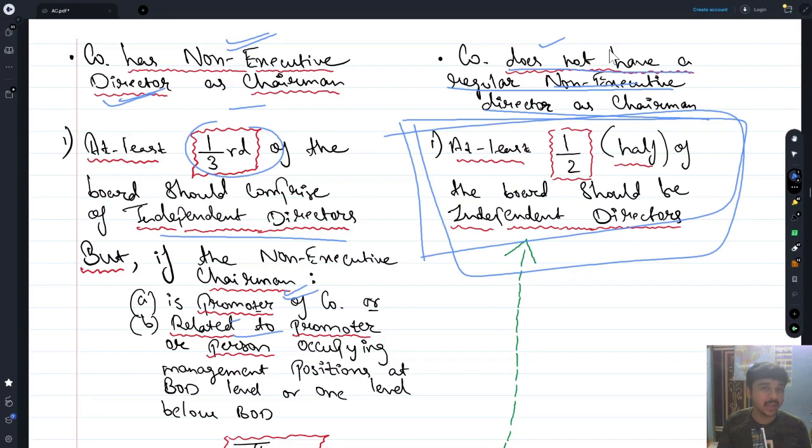That is because, as I told you, when you are managing your family, you are going to do it in the best interest of them, not yours. So when your chairman is a non-executive one, he is going to have a better supervisory role. But when he is not a regular non-executive, he might be involved in certain transactions. In that case, SEBI is not that comfortable. They say, okay, half of the board should be independent directors.